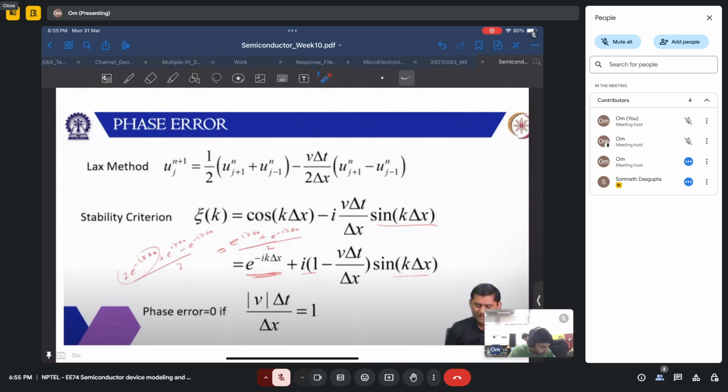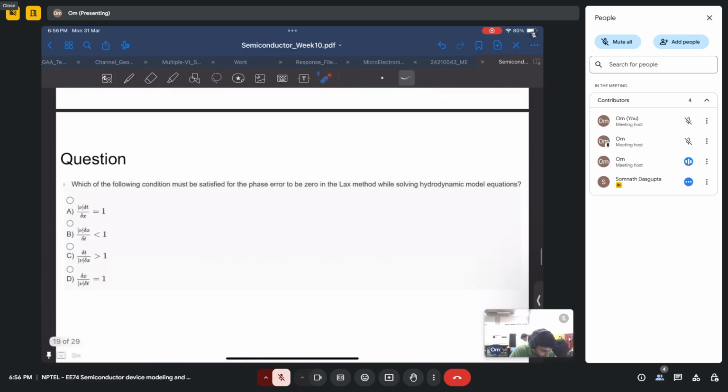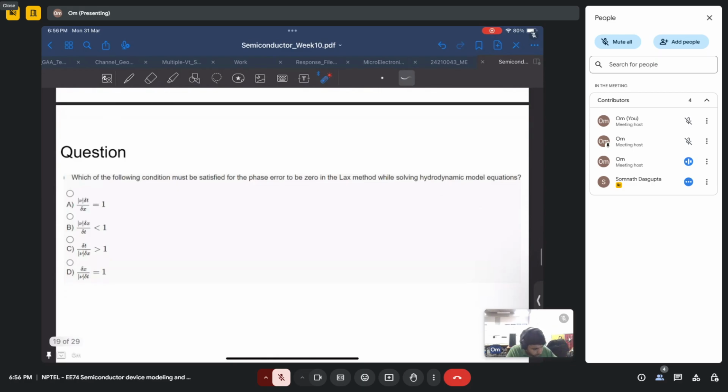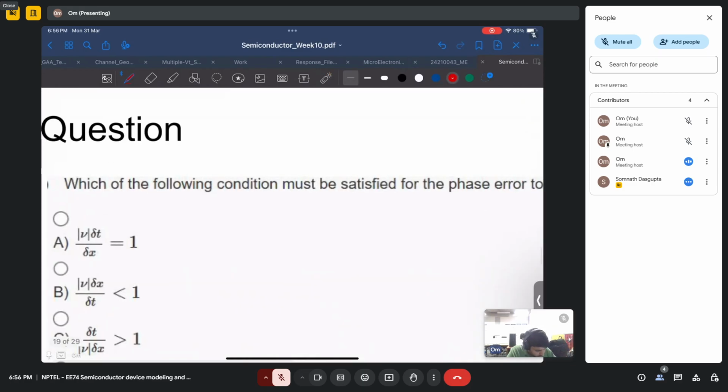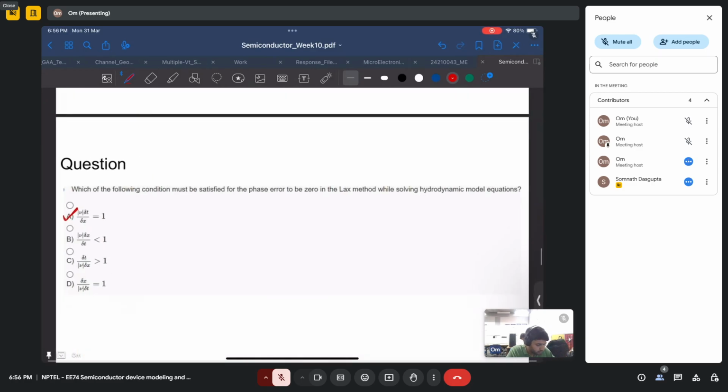And the stability criterion is that the phase error is 0 if this term equals 1, which is v delta t by delta x equals 1. Which option will satisfy it? Option A: v delta t by delta x equals 1. This is the condition for stability of the Lax method.